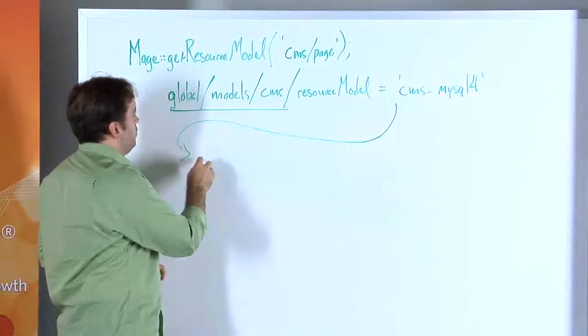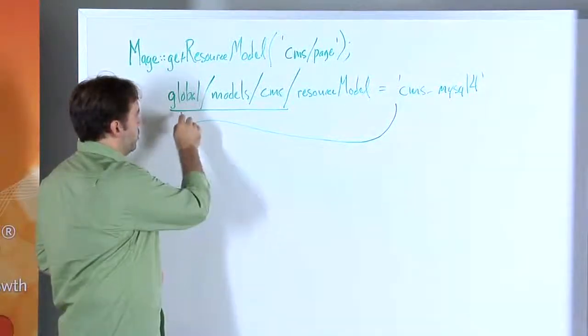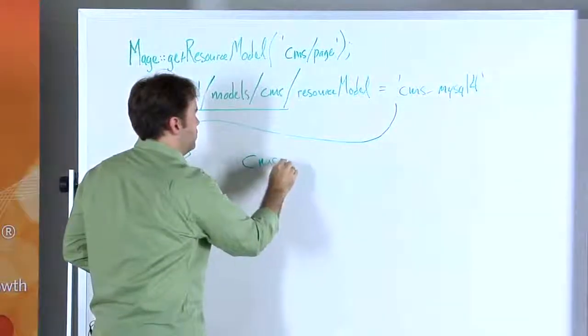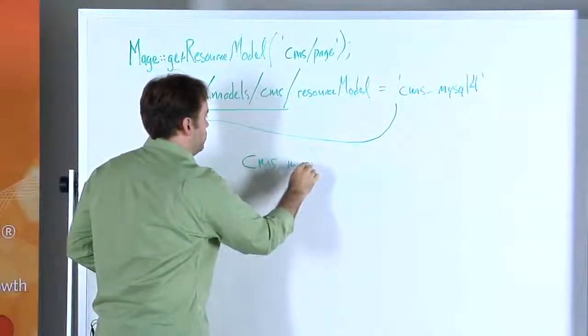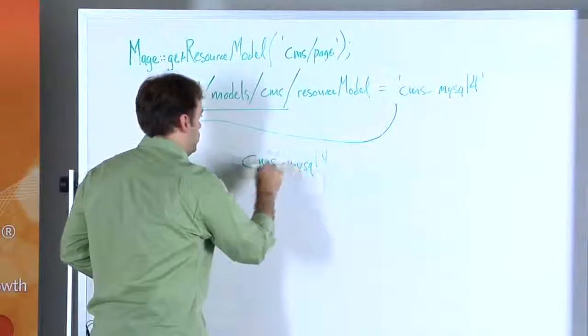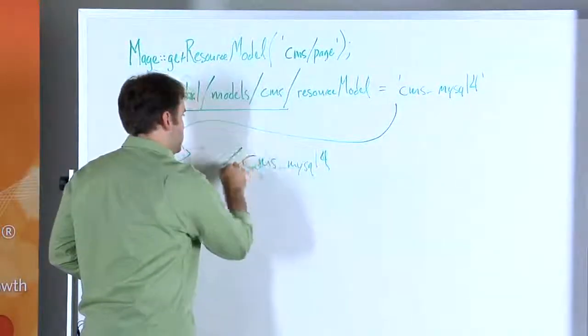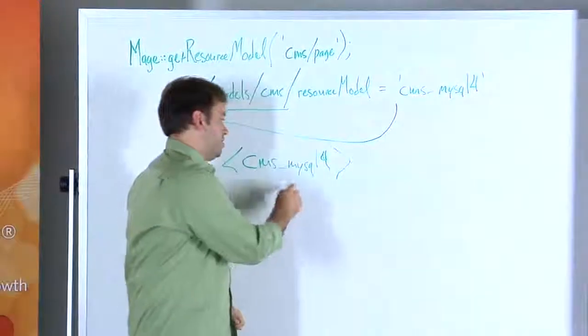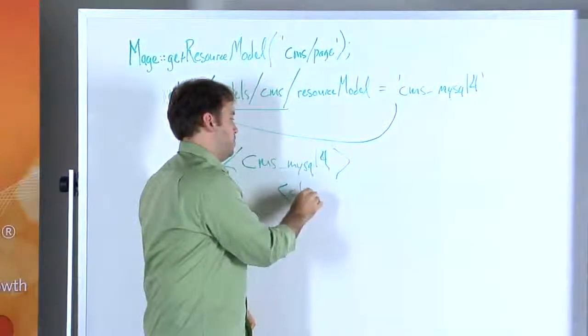And we'll end up looking under global, models, CMS, MySQL 4. So this is itself a node under global models. And then in there, it's the same thing that we've seen already with a class name.